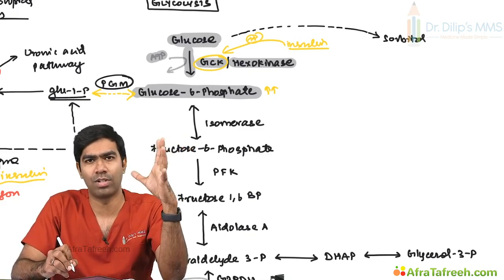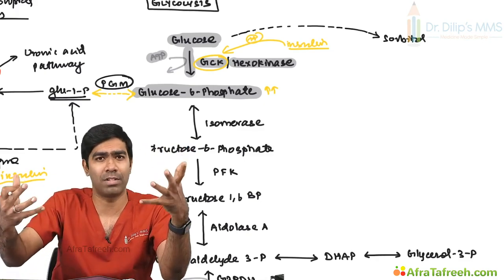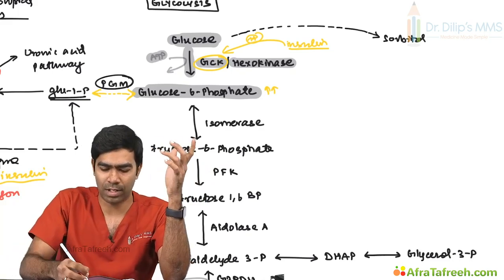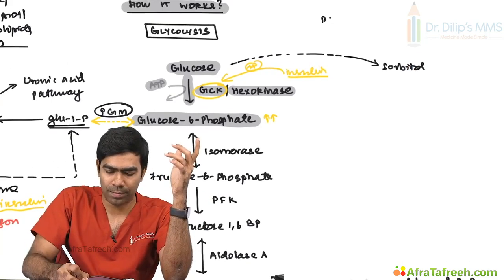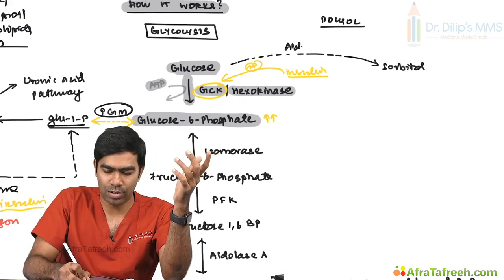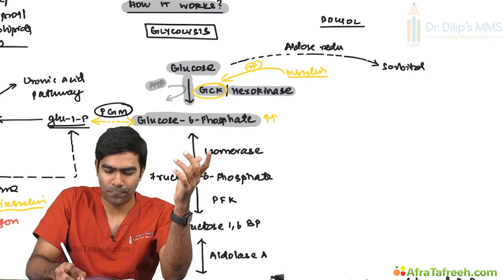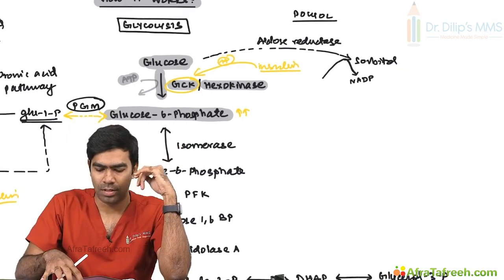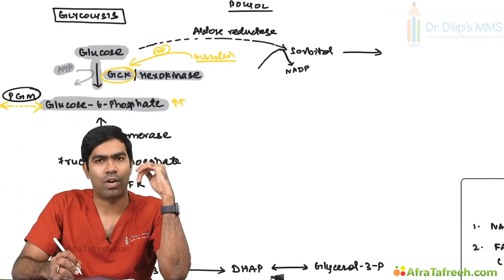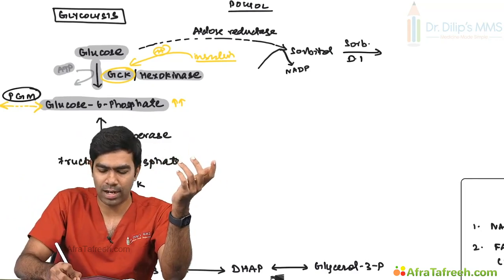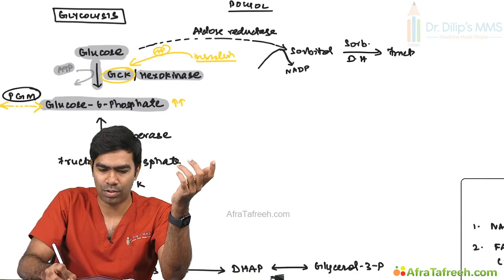High amounts of glucose, which cannot be taken by glycolysis, can spill over and enter another pathway called the polyol pathway, where you have a very, very important enzyme called aldose reductase, which is going to convert glucose to sorbitol. And once sorbitol is formed, this can be acted upon by another enzyme called sorbitol dehydrogenase, which can produce fructose.